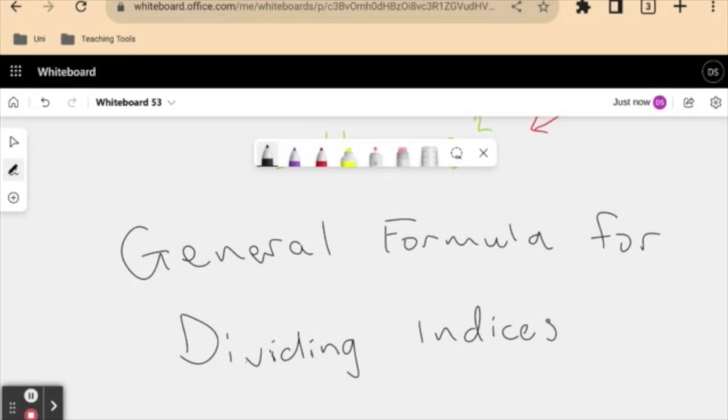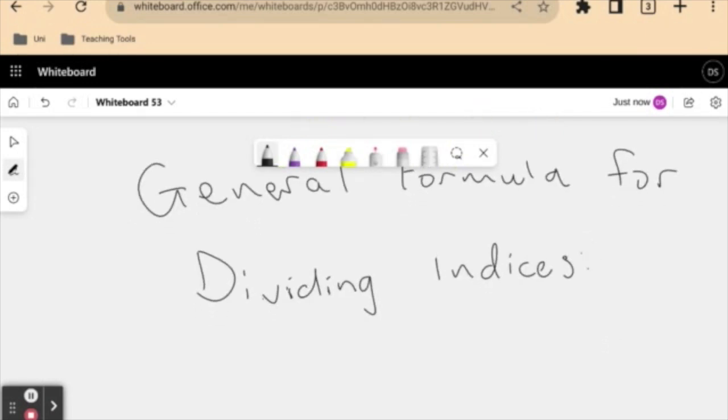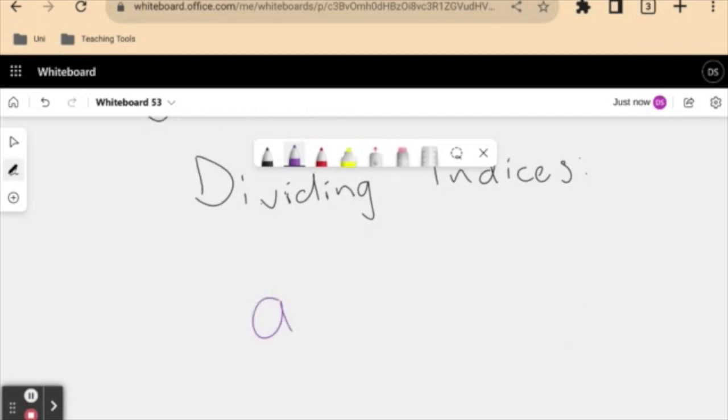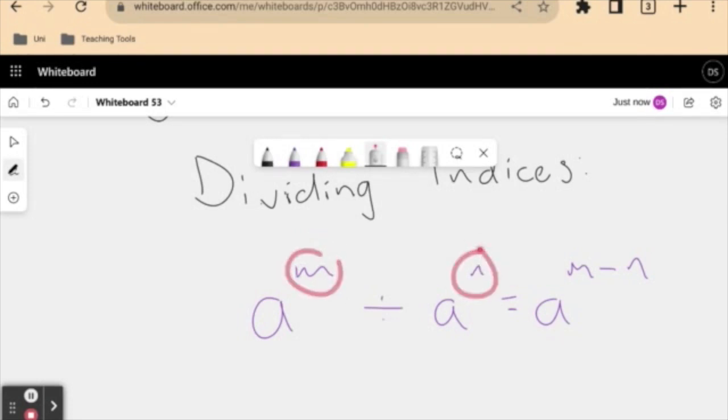And that is that when we get any two numbers, I've just drawn these as a, to some power m divided by the same base to the power of n, is the same effect as taking the number that's being divided and subtracting the power of the one that's getting divided by.